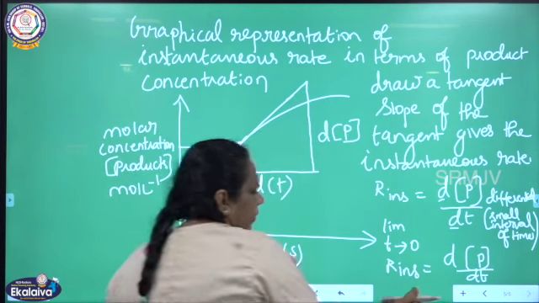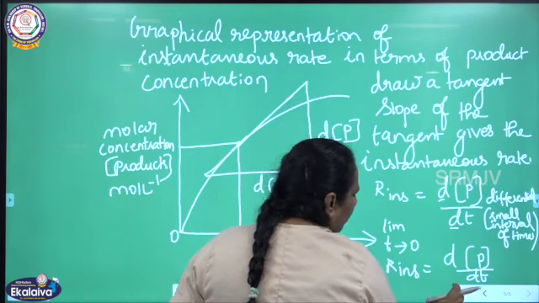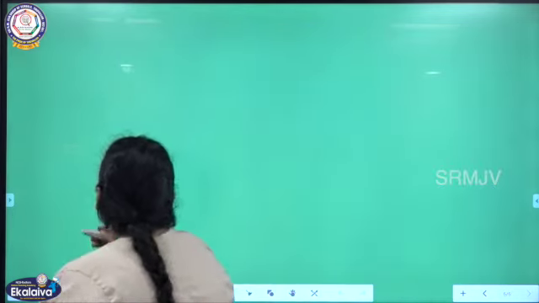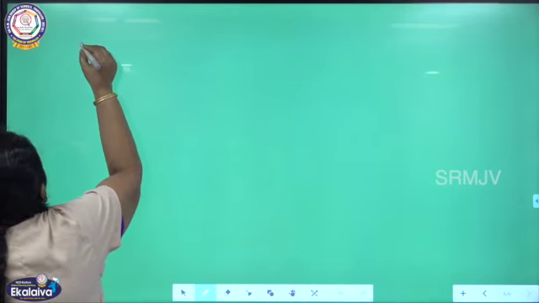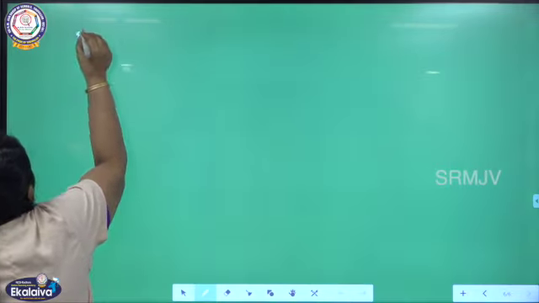The next one, we are going to talk about order and molecularity. First, I will define rate law.